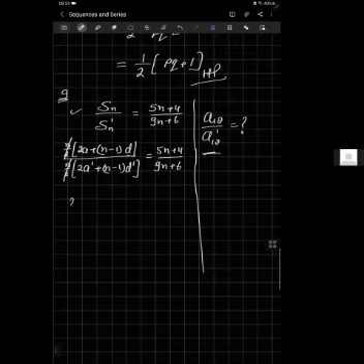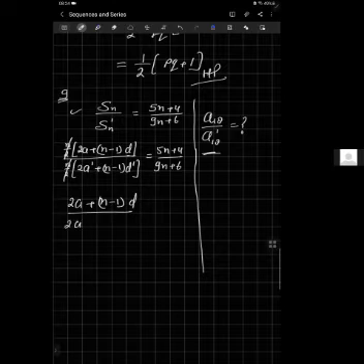It comes 2a plus n minus 1 into difference d upon 2a dash plus n minus 1 d dash. Now what we need to calculate, we need to go towards that also.